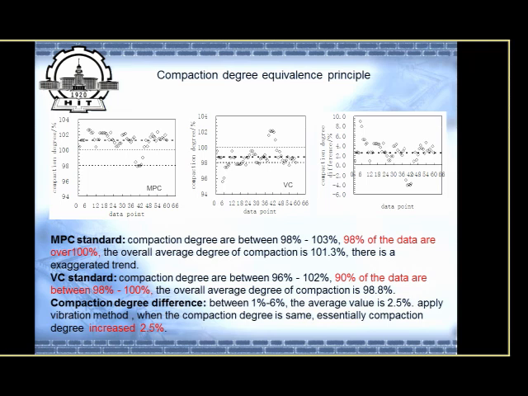The difference of the two methods we can find is 2.5%. When the compaction degree is the same, when we use the VC method, the compaction degree is essentially increased about 3%.